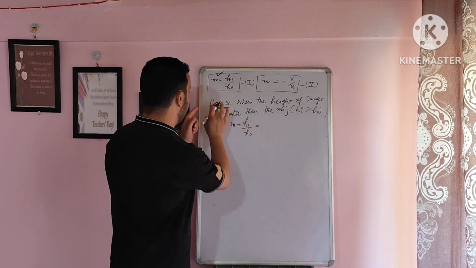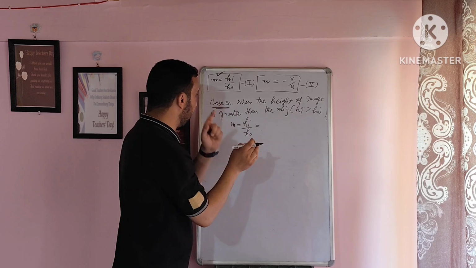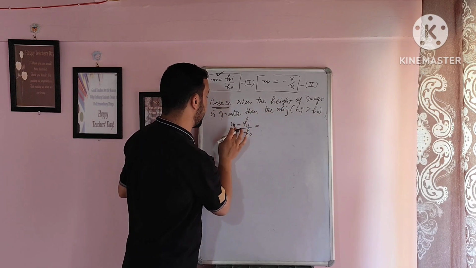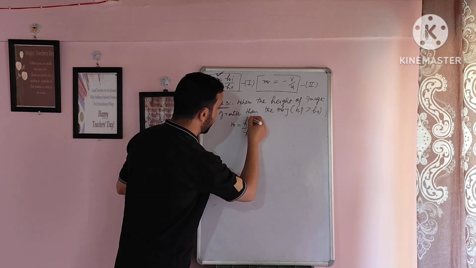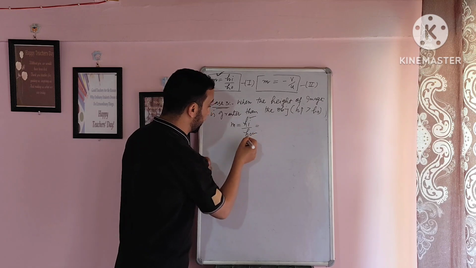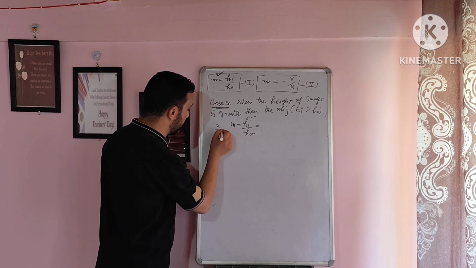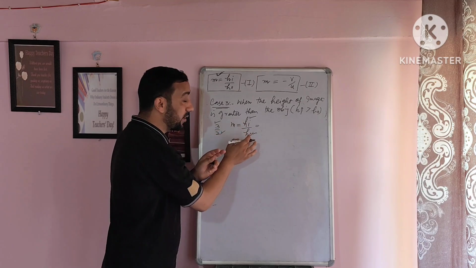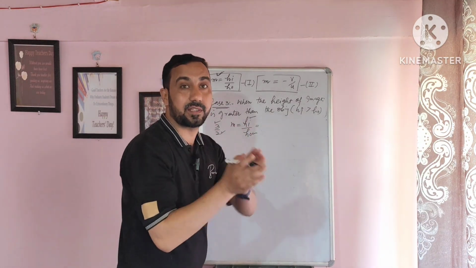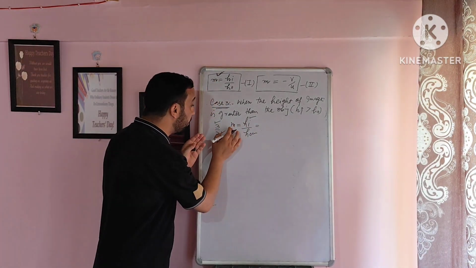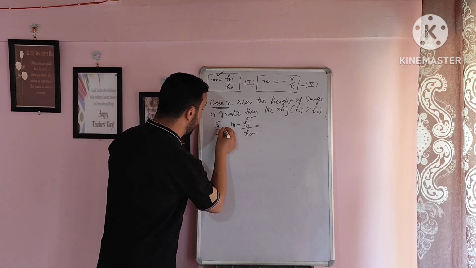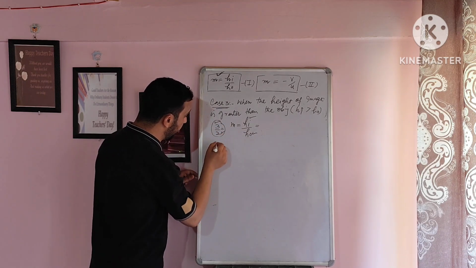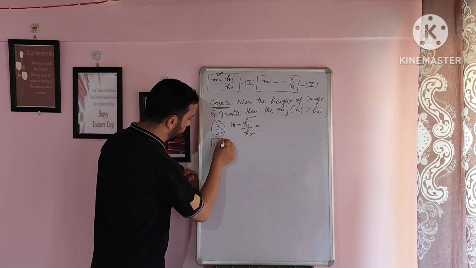Dear students, case number 3, read it loud. When the height of the image is greater than the height of the object, that means the numerator is greater than the denominator, like this, 3 upon 2. We are saying here Hi greater than Ho. What will be the value of magnification? 3 upon 2 gives the value 1.5.